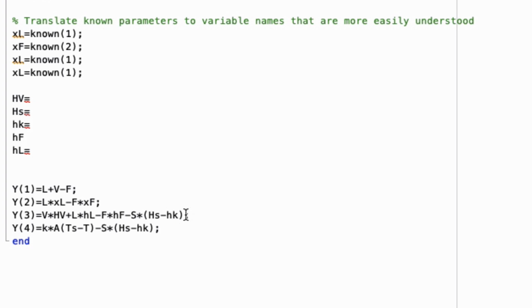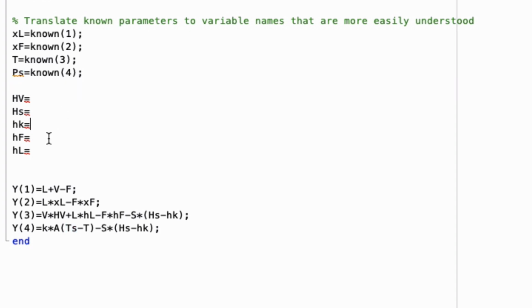We have said TS and T. We have to know TS and T somehow. So let's say that T is our third known. What about TS? Well, you could of course say that TS is our fourth known, but let's instead use the pressure of the steam as our fourth known.